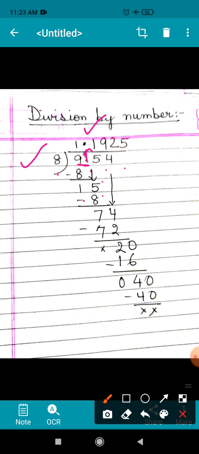After that you will copy down. Read the table. 8 ones are 8. 15 minus 8 is 7. Now copy down the next digit. It becomes 74. Now how many times can you read the table? 9 times this time. 8 9s are 72. Now when you subtract these two numbers, you will get only 2.